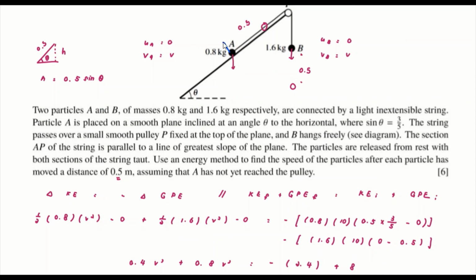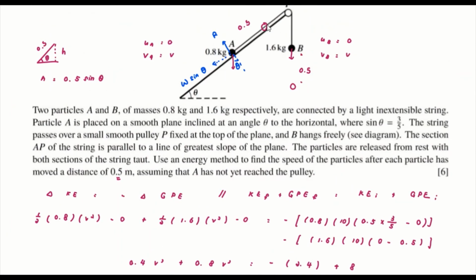Let me try to draw. This is R, and this is your theta, so you need to make sure that it's parallel. When you resolve it, this will be your W sine theta. Then you have this side as well, which is going to be 16.